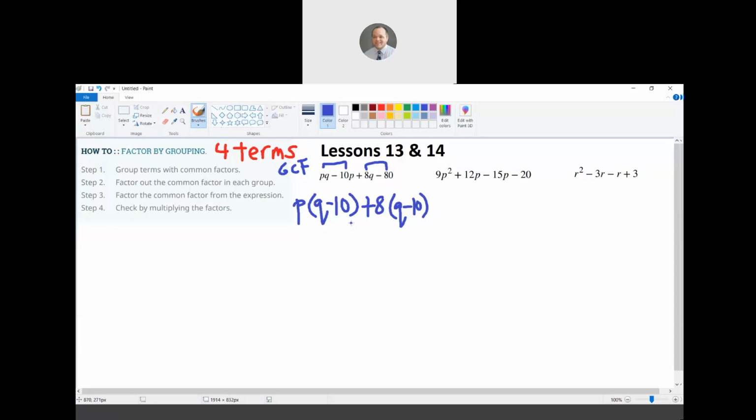So we can take out Q minus 10 from both terms. Now, when we take a Q minus 10 out of the first term, what's left is P, the letter P. And when we pull out a Q minus 10 out of the second term, what's left is a positive 8. And our answer is factored completely.